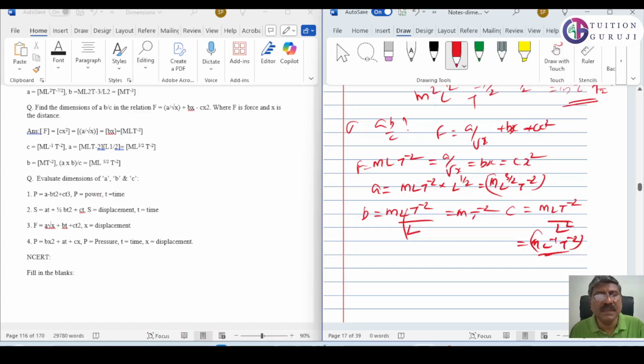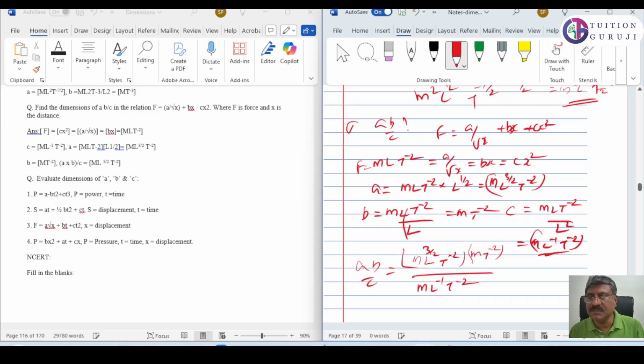So A B by C is equal to A, we have got m L to the power 3 by 2 T to the power minus 2 into B, B is m T to the power minus 2 by C, which is m L to the power minus 1 T to the power minus 2.